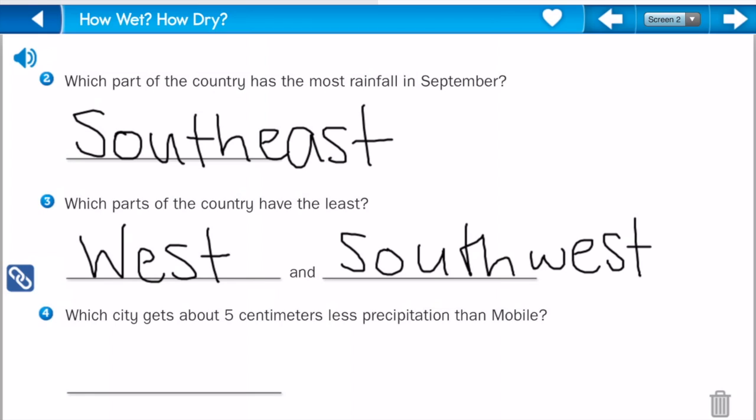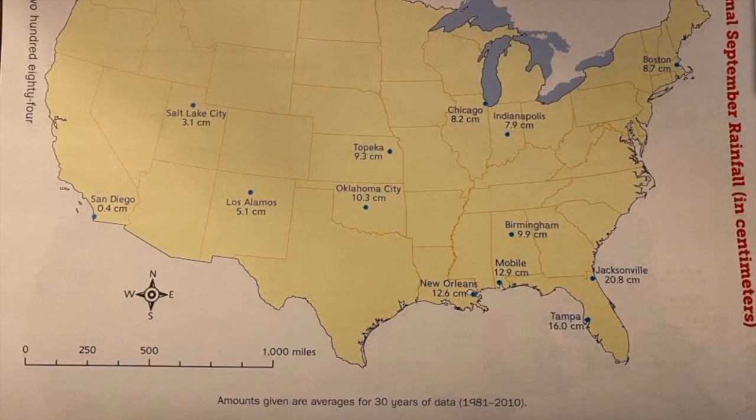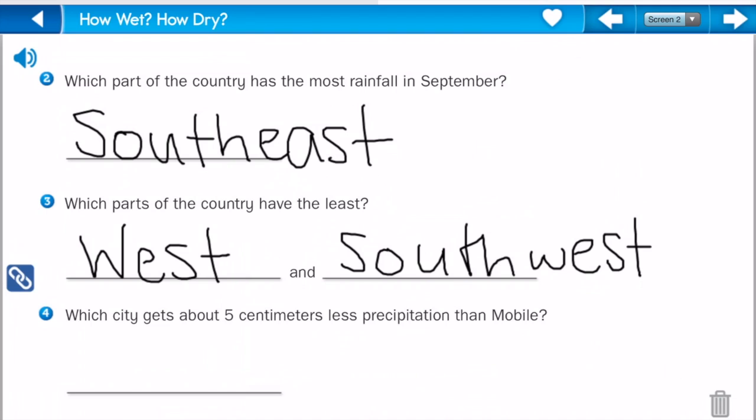Which city gets about 5 centimeters less precipitation than Mobile? Mobile gets about 12.9. And we need to take 5 away from 12.9 to figure out how much that is. So let's do 12.9 minus 5.